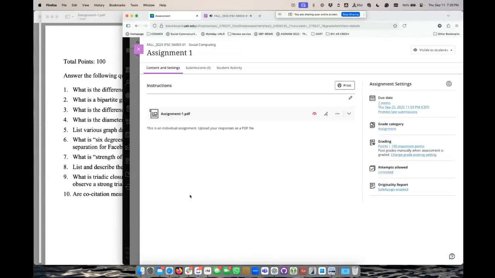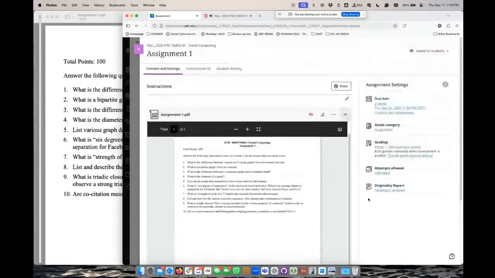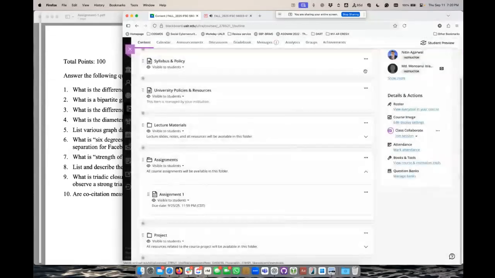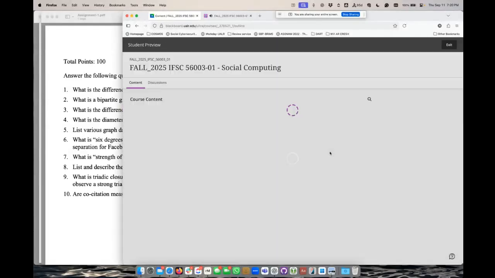And I believe when you click on assignment 1, it might show a separate interface for you. But there should be a place where you can submit your assignment. I believe you should be able to see that somewhere. Right, or I can see if I switch to the student preview and see if that helps us.